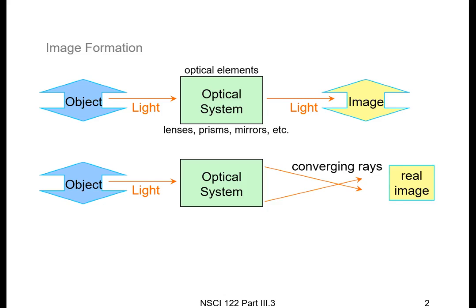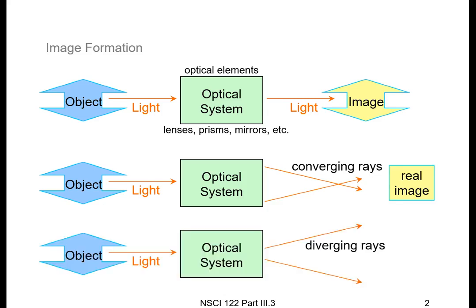And the other possibility is the optical elements in the optical system actually end up diverging the rays. So as the optical rays leave the system, they are getting farther apart. Now, in that case, an image is still formed, but it is called a virtual image. And where the image is formed, this is a little strange. You'll see that we actually trace the diverging rays backwards.